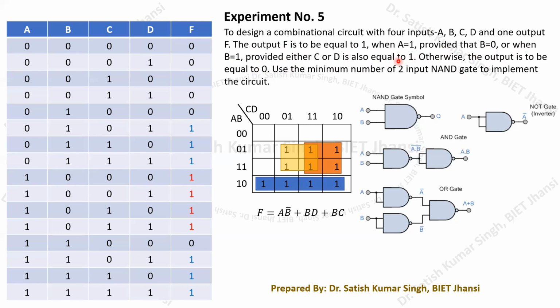So now we have to look for those combinations in which B equals 1 and either C or D is also equal to 1. Here you can see this is the column for B, and here B equals 1. So we have to look at the columns C and D.